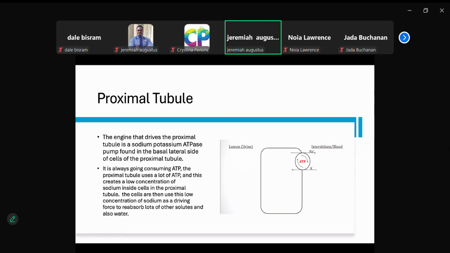It's like you almost set up the thing to work practically. This is why somebody who has malnutrition is also going to have an AKI, because they need a lot of ATP, and this proximal tubule is driven by ATP. A lot of ATP is needed for this, right?